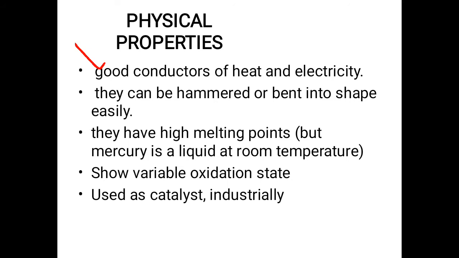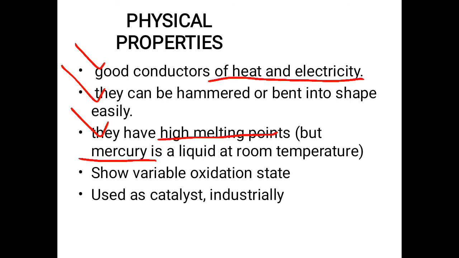That's why these electrons become the reason for conduction of electricity. Similarly, they are hard metals which can be hammered or bent into shape easily. They have higher melting points as compared to alkali metals and alkaline earth metals, but there is an exception.